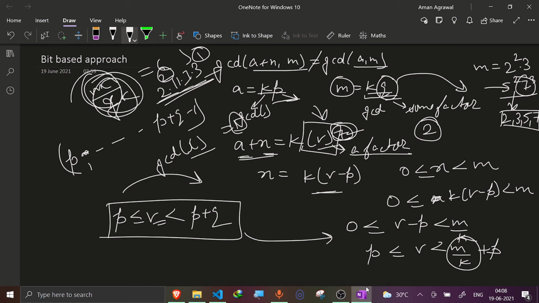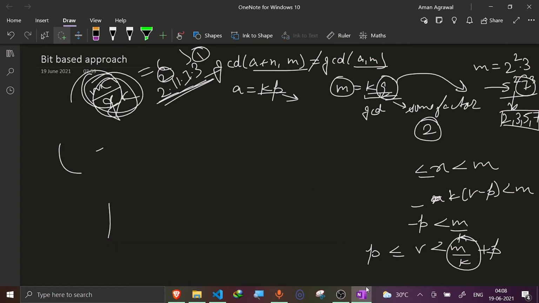So for implementing this, I would be using a simple class 11, 12 based approach. Now you must be remembering the questions in class 11 were somewhat like this, that from numbers 1 to 100, find all the numbers which are divisible by 2 or divisible by 3.